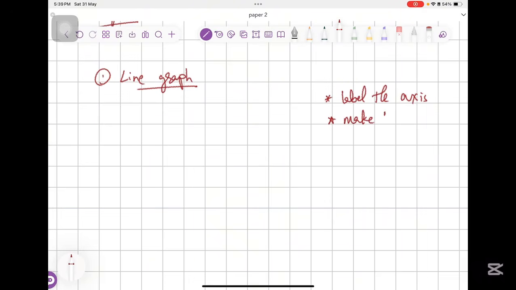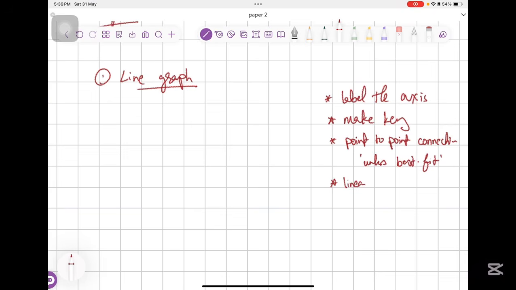Make a key if you need to make a key. Connect point to point, unless the question tells you it's best fit. I'm going to show you what best fit looks like. And plot the points correctly.